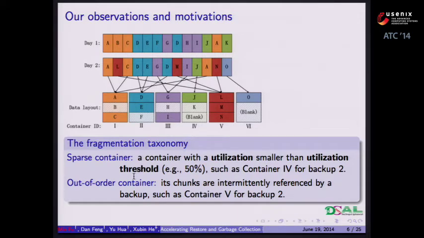That is smaller than the predefined utilization threshold, for example, 50%. Hence, container 4 is a sparse container for the second backup. An out-of-order container is accessed intermittently. For example, all 3 chunks in container 5 are referenced by the second backup. However, the 3 chunks are accessed intermittently. So container 5 is an out-of-order container for the second backup.